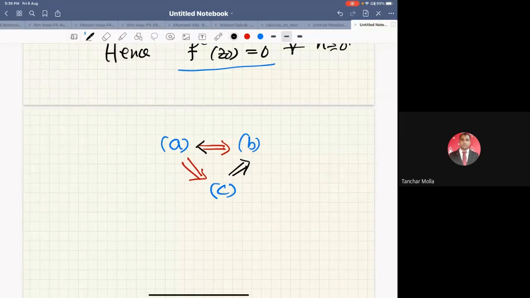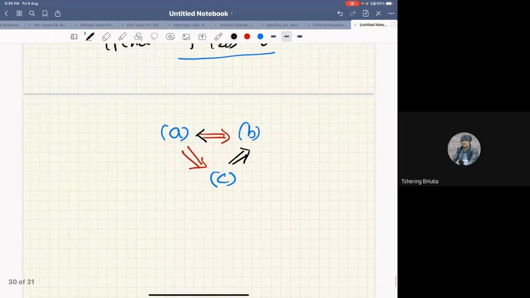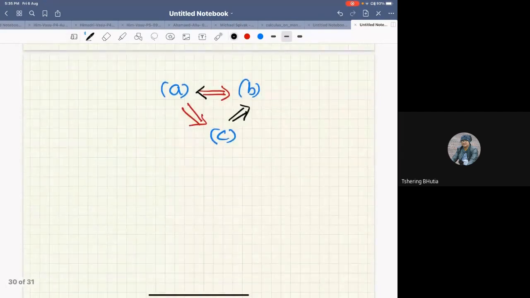Am I right? Yes, sir. So our next aim is B implies A.